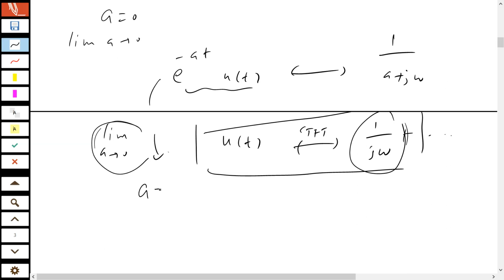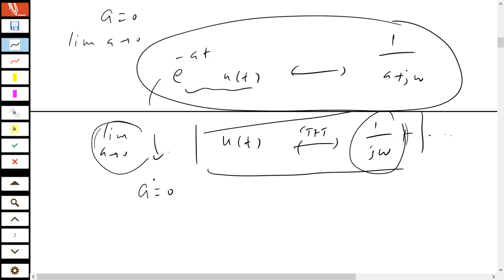We are making A 0. So when we are making A 0, we are making the real part 0. So then this whole thing collapses. This is not allowed when A is 0, right? So any conclusion you draw from this is actually wrong. So you need to read the condition carefully. Otherwise, you will try things which will computationally be fine, but conceptually they will be wrong. Is that clear now?